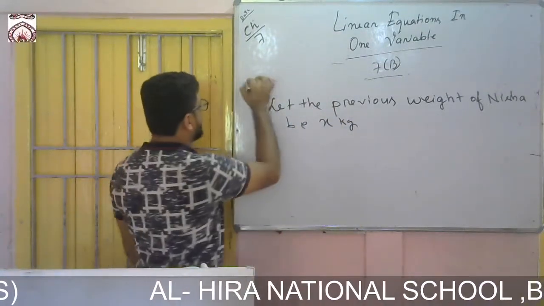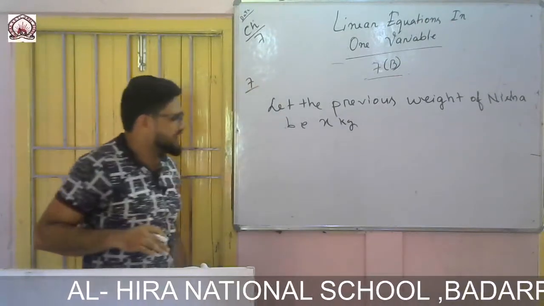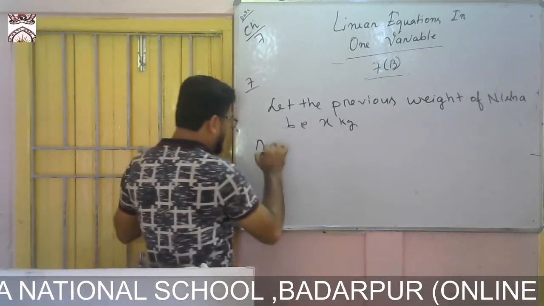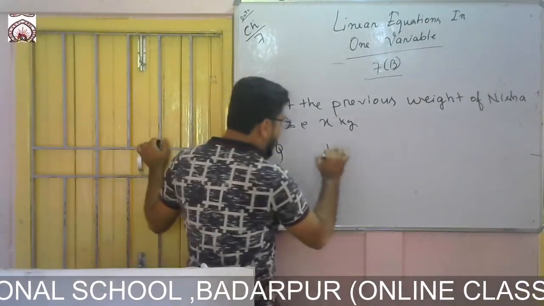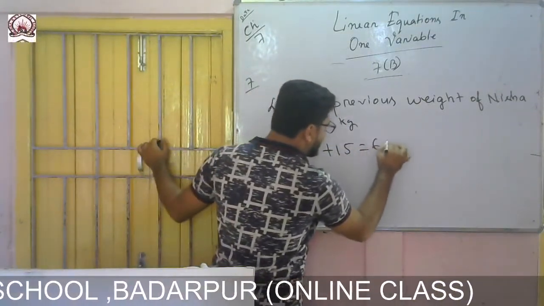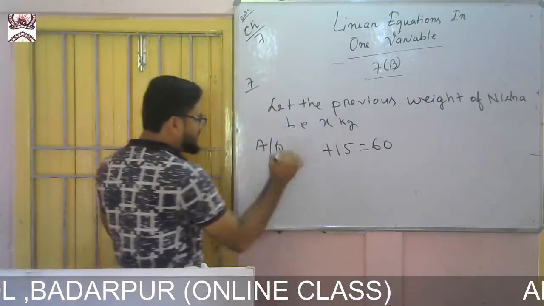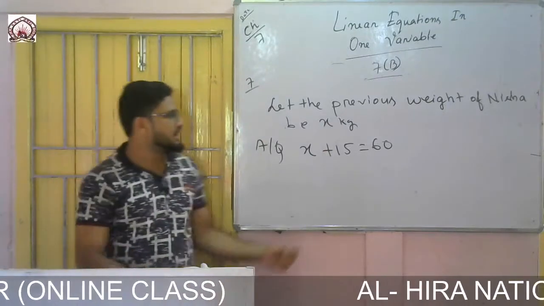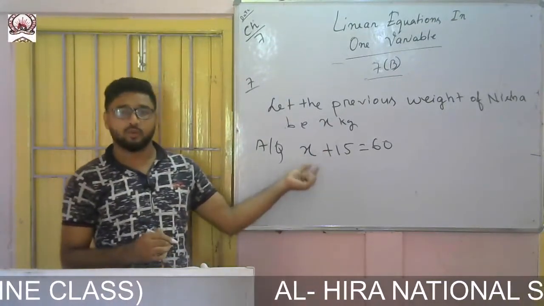Question number 7. Now according to the question, after gaining 15 kg she was 60 kg. So the previous weight was x. We let it be x.